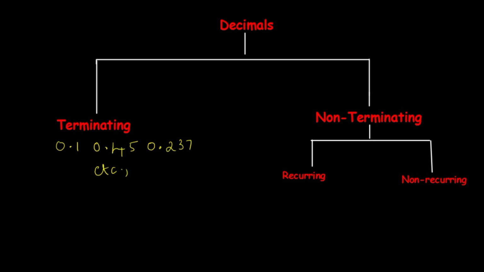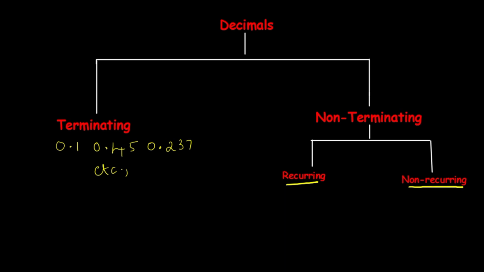Now the non-terminating decimal, we have already discussed it, right? That means it will be repeated. Not only is it repeated, here we have some cases, recurring and non-recurring also. The non-terminating decimals are recurring and non-recurring. What is the meaning of recurring here?